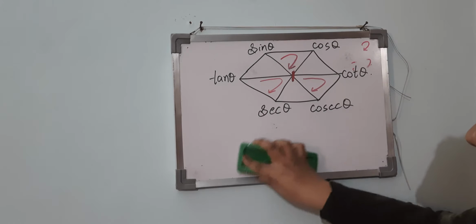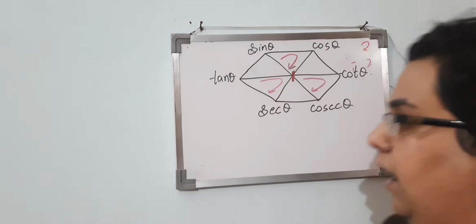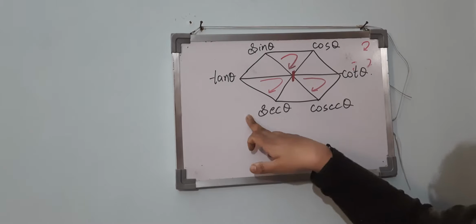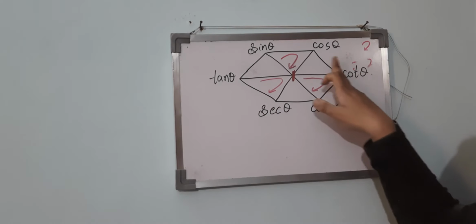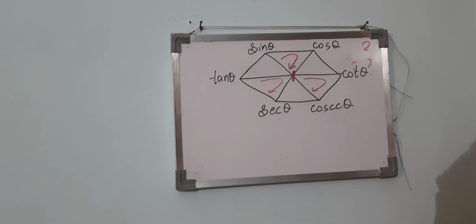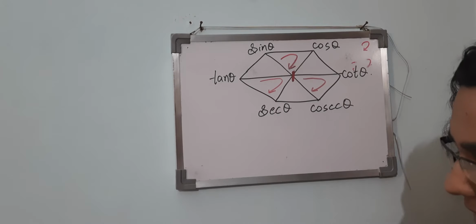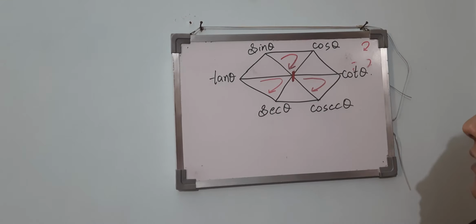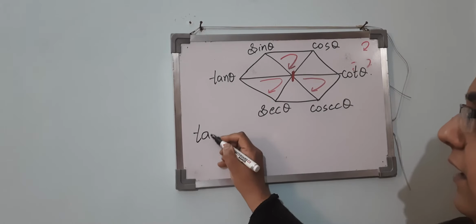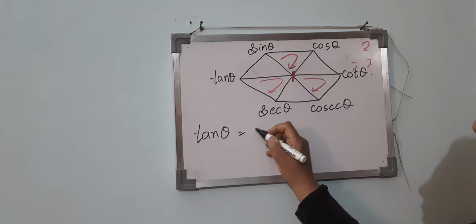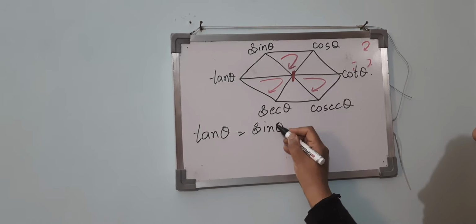Now let's see one more thing. There are two things. We can go clockwise and we can also go anti-clockwise. So now if I say tan theta, what is tan theta? So this is tan theta, then tan theta is equal to sin theta over cos theta.